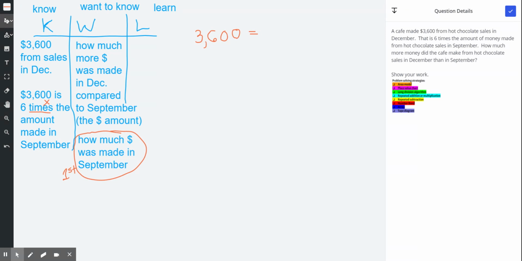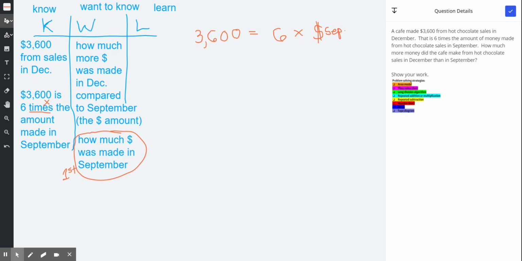So we know that the amount made in December, $3,600, is 6 times the amount made in September, right? So that is the same thing as saying 6 times dollars from September. So I'll just put a dollar sign and then SEP to represent September.